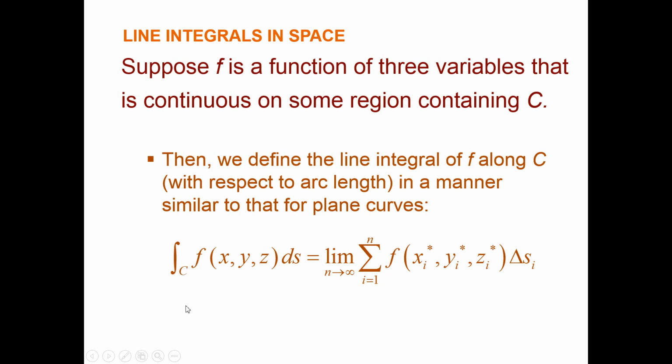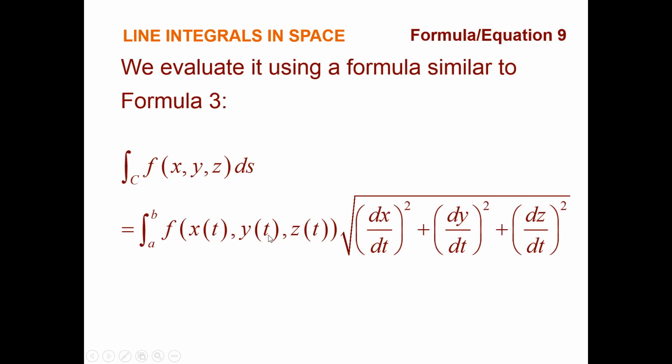This is the definition, and this is the formula to evaluate the line integral in space. In this case ds becomes this, and of course there is dt as well, which is again missing.